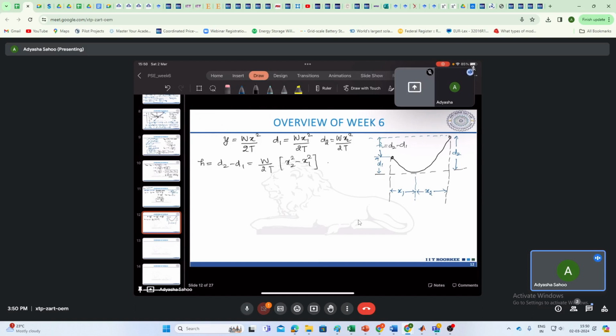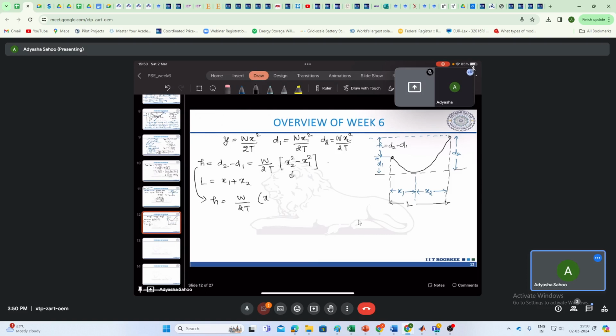And another relation we have is that this is your total span L. So L is X1 plus X2. So from here I can write H is W by 2T times X2 minus X1 into X2 plus X1.